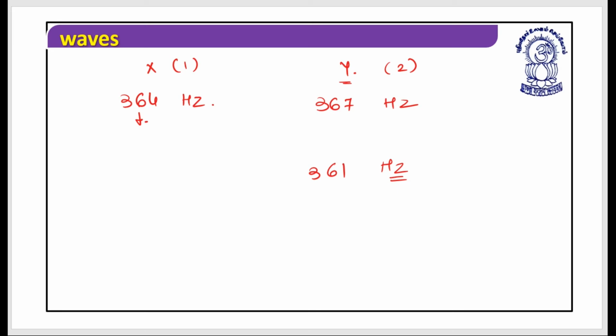So if frequency decreases, this is 364 hertz, then it could move to 362, or 360, or 358, or 356, or something like that. Now when it has been loaded with the wax, the number of beats per second will become 2.